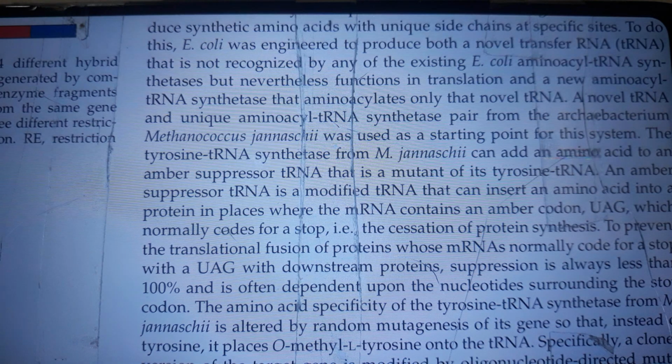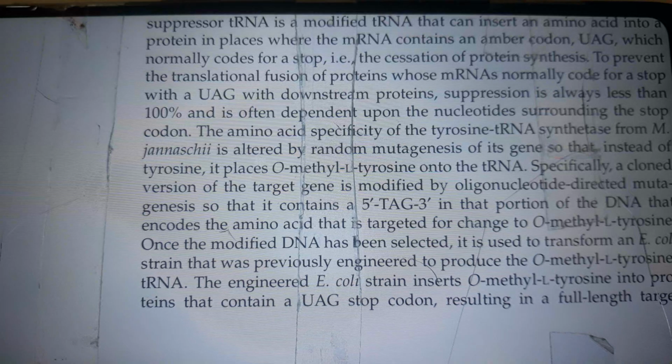With a UAG within a gene for a protein, suppression is always less than 100% and is often dependent upon the nucleotides surrounding the stop codon.